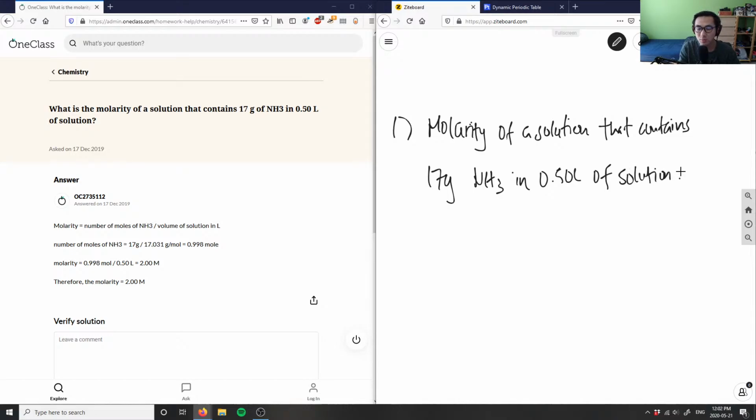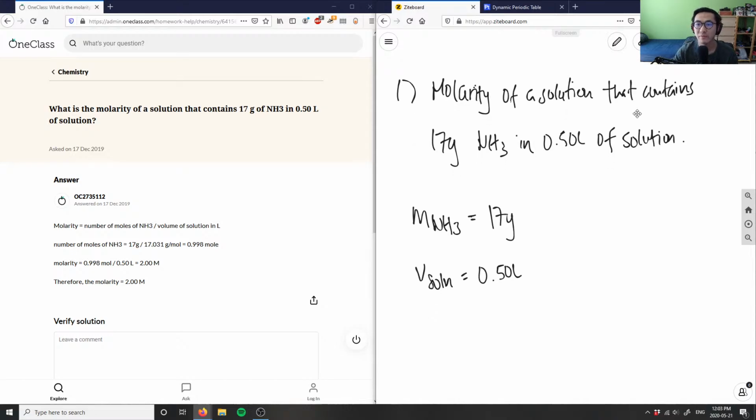So what are we given first? Well, we're given our mass of NH3, right? So the mass of NH3 is 17 grams. And we're given our volume of our solution, which is 0.50 liters.